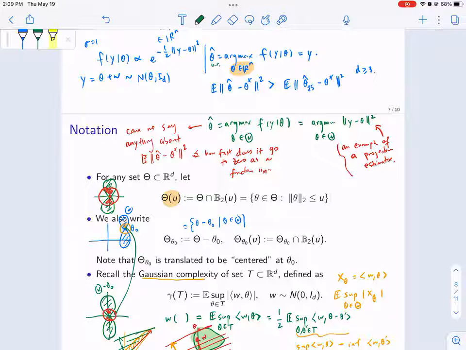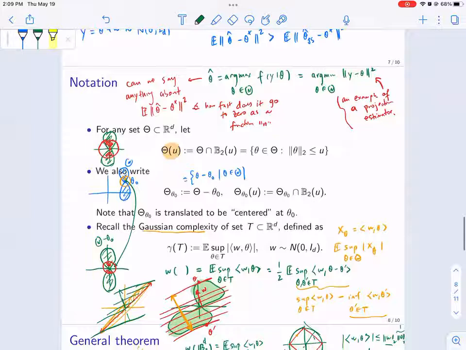So the question is, what is the performance of this projection estimator, and how can you understand this in terms of the properties of Theta so that we can design good Thetas, let's say. Or in a problem, if you have a particular Theta, what can you say about the performance? So we introduced some notation. There is basically this notation, which is of concern to us.